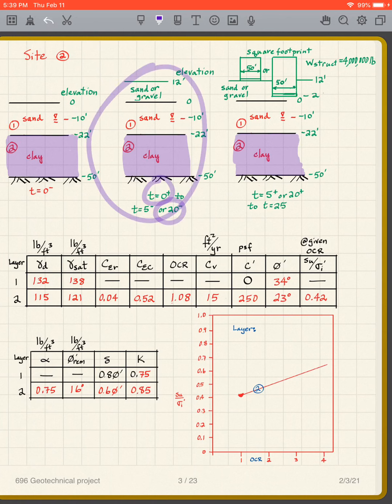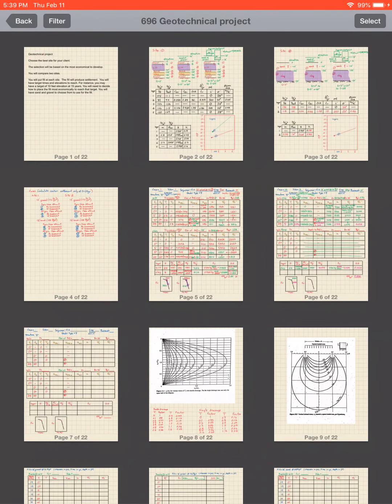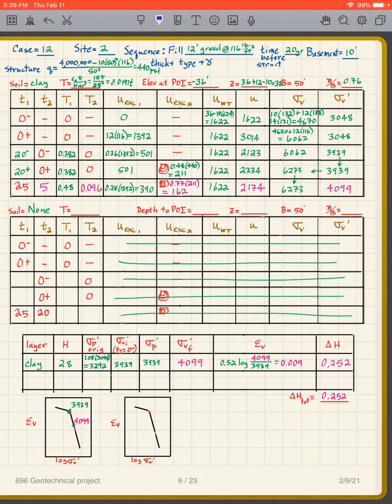It's the same picture, so I have the same sigma V. So these two are the same, and like I say, I've got the U, that gives me the sigma V prime by subtraction, and then we use our little trick. Since no time has passed, 0 minus 0 plus, or 20 minus 20 plus, however you want to look at it, those sigma V primes have got to be the same.